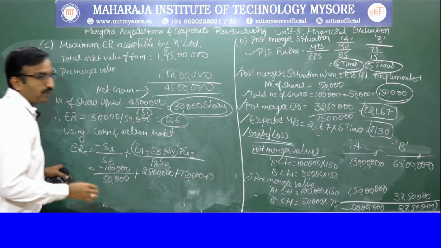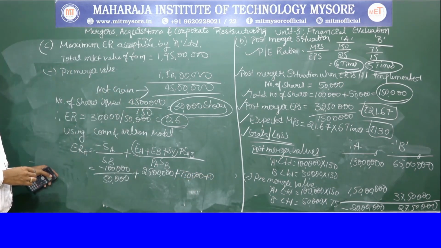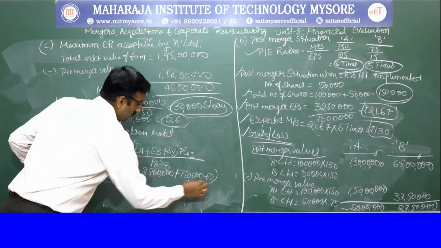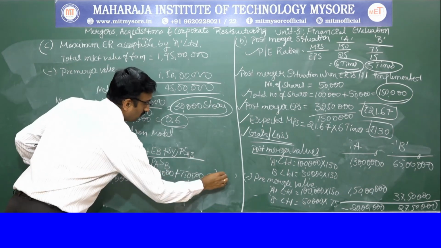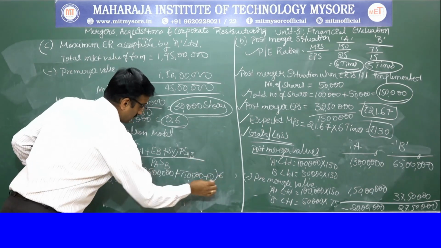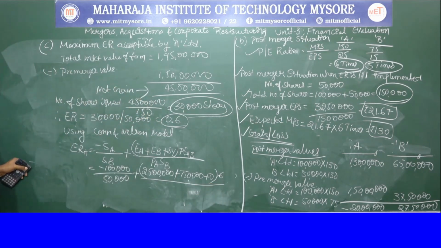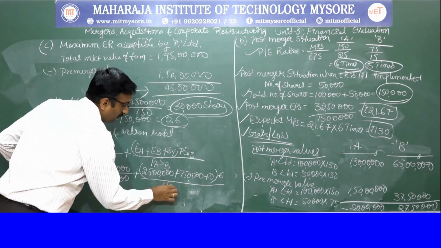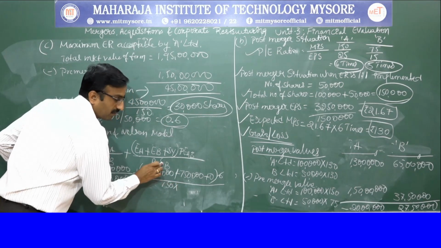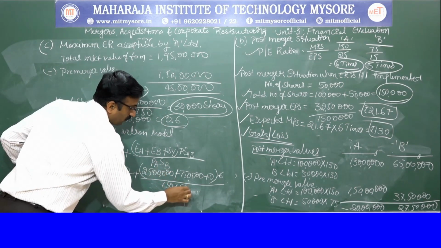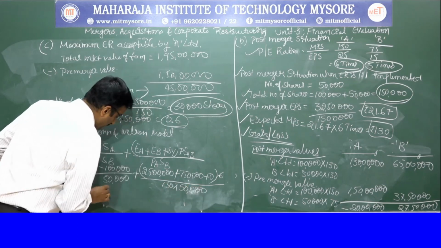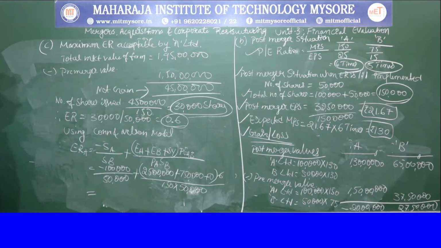Synergy we have not done, into the PE ratio of the A company we will take after the merger. It is 6 times, divided by the P of A, that is the MPS, 150, and the number of shares in B Limited is 50,000. Calculate and tell me how much you will get.